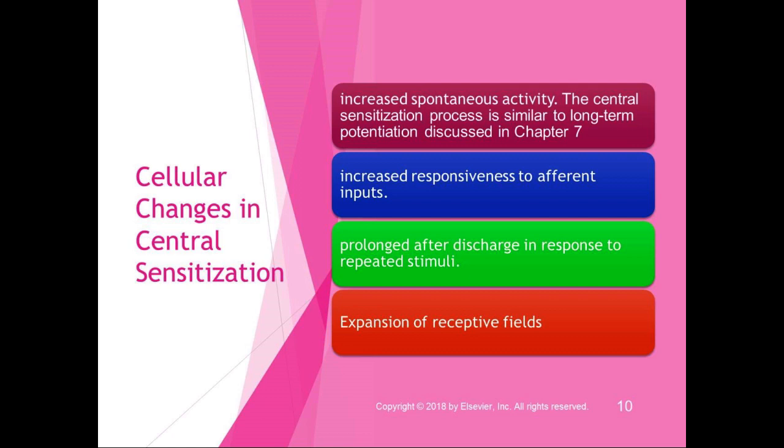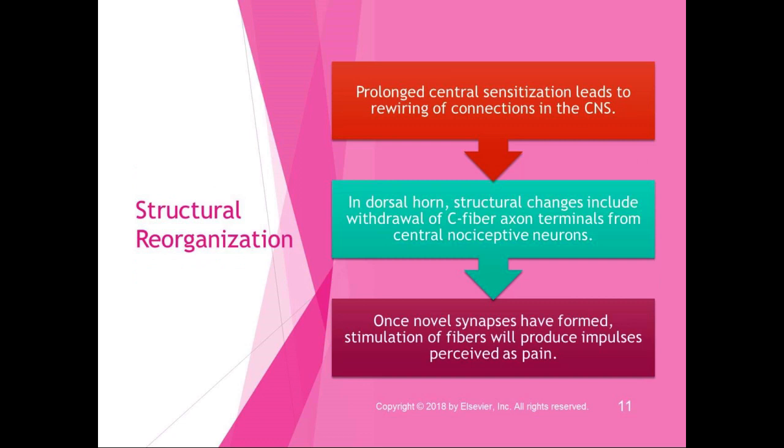So you get a stimulus, and then there's just more response from the central nervous system. And it also causes expansion of receptive fields. So an area that wouldn't normally be evoked by a stimulus, now you have bigger receptive fields, and you're getting more stimulus from the periphery as well. So a lot of cellular changes go on in central sensitization.